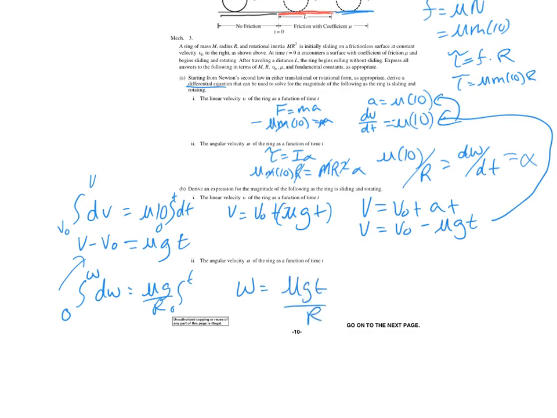But again, you can do omega equals omega naught plus alpha t. Omega naught is 0, so you plug in the value for alpha, which is mu g over r times t, and you get the same answer. So it's whatever you want to do. You can do it with calculus or you can do it with algebra.